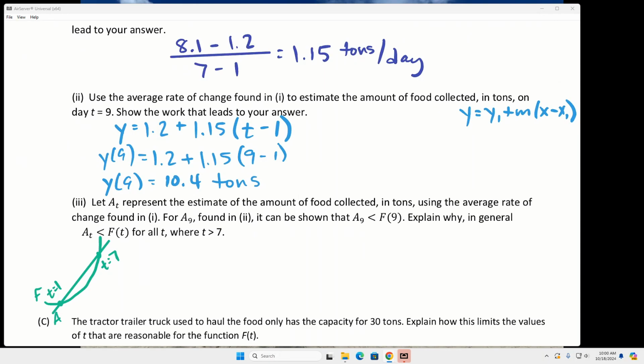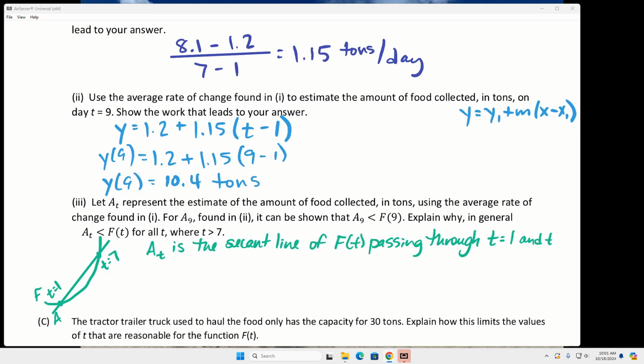Alright, so if we're going to explain it, I would start off by talking about A of t, the secant line, or A sub t. So it's the secant line of f of t passing through t equals 1 and t equals 7.